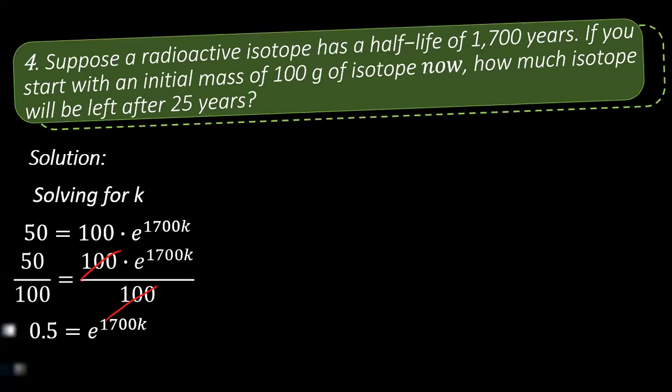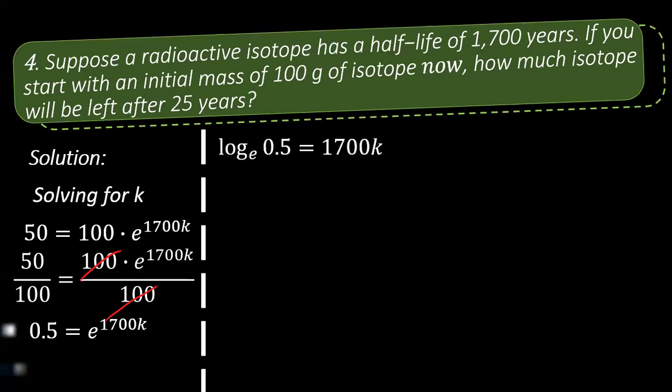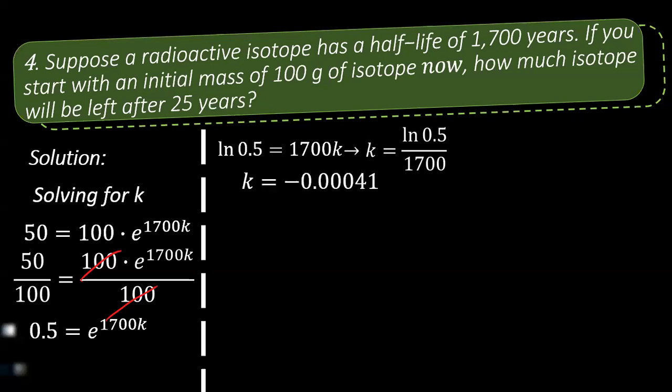Next, we solve for its logarithmic form. So the logarithm of 0.5 to the base e is 1,700k. We divide both sides by 1,700, using the ln of 0.5. So that becomes k equals ln of 0.5 over 1,700. Next, we use decimal places.